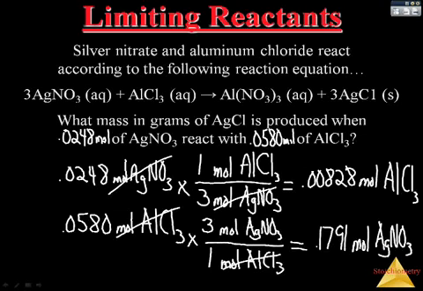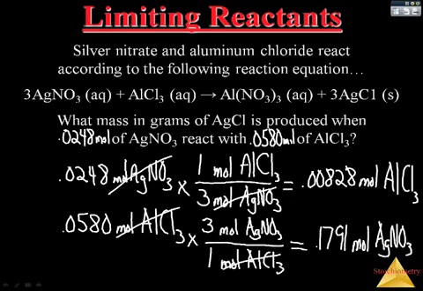Now, what does that tell us? Let's look at them one at a time, and we'll start with the silver nitrate, the top equation. If you start with 0.0248 moles of silver nitrate, you need 0.00828 moles of aluminum chloride to take that reaction to completion. That's going to use up whatever limiting reagent there is, whichever one it turns out to be.